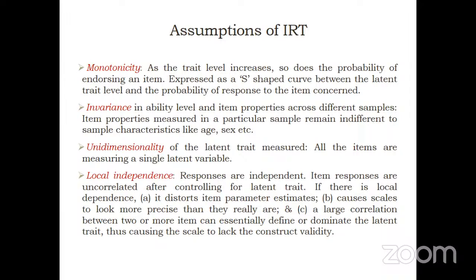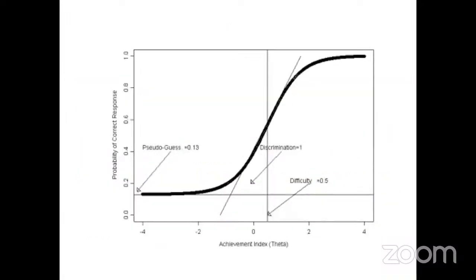This first one, monotonicity, this S-shaped curve that we talked about, is the main assumption of IRT. The best part of IRT is that you can represent each and every item using an S-shaped curve like this, and it will tell you how the item is behaving.